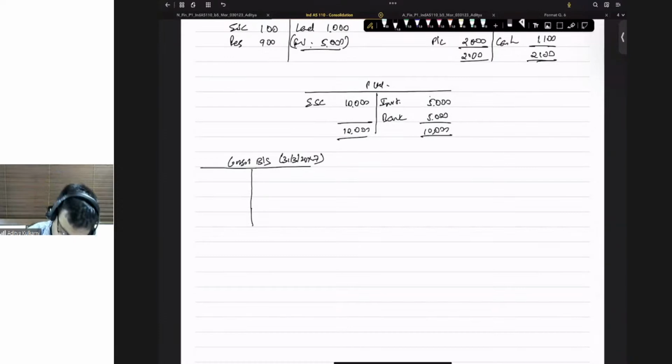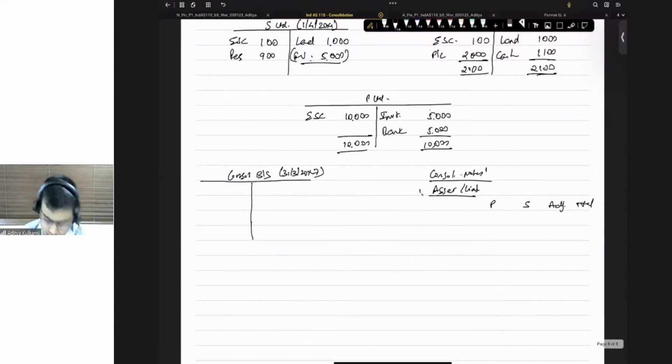That is the consolidation notes. Note 1 will be assets and liabilities. So in that I will have P, S, adjustment and total.